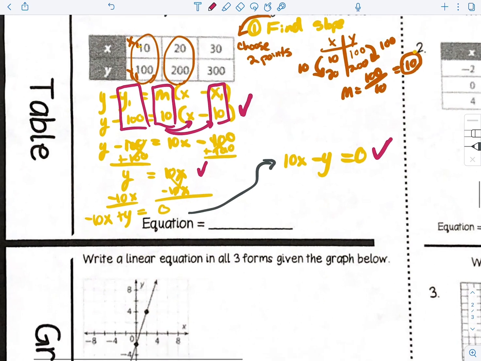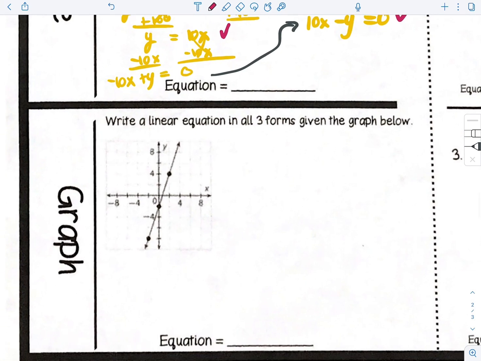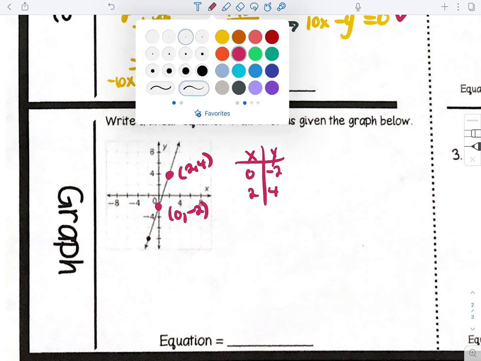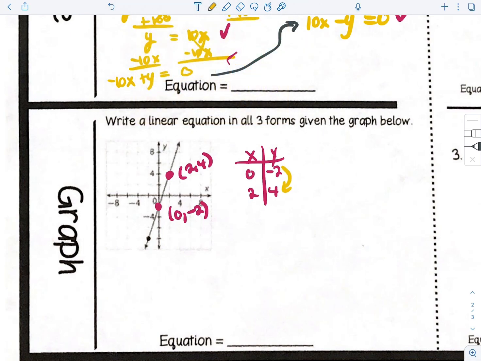If we have a table, we just choose 2 points. This point is 2, 4. This point is 0, -2. Put it in a table so that we can find our change in y. Put it over our change in x. That slope is 3.